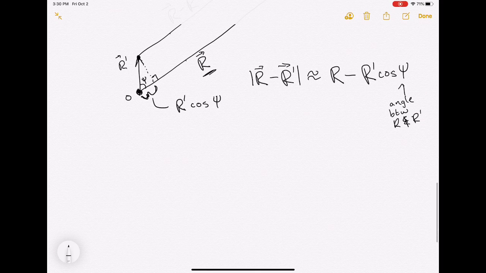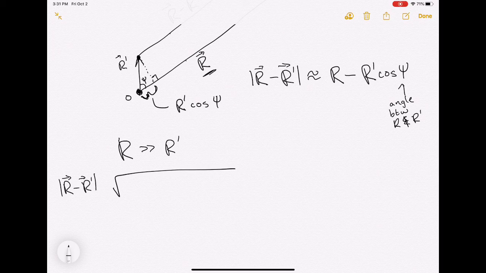By using the fact that r is much greater than r prime, and starting with this expression for magnitude r minus r prime, we can get to exactly the same place.